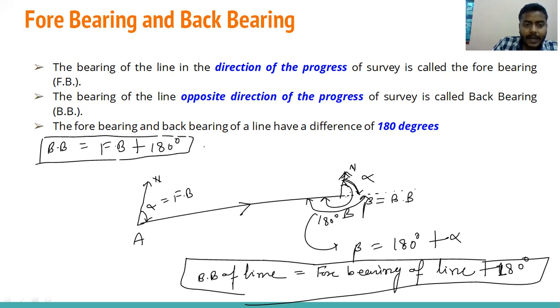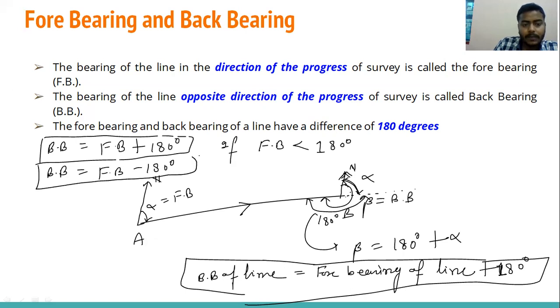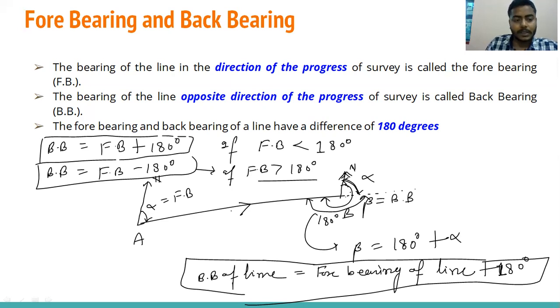This is valid if forebearing is less than 180 degree. Now, there is another formula, back bearing is equal to forebearing minus 180 degree. This is valid if forebearing is greater than 180 degree.